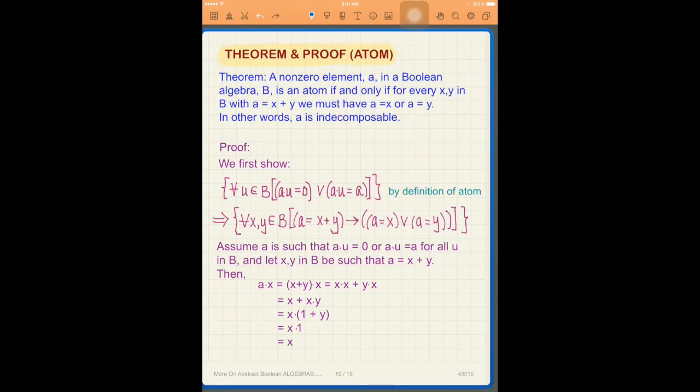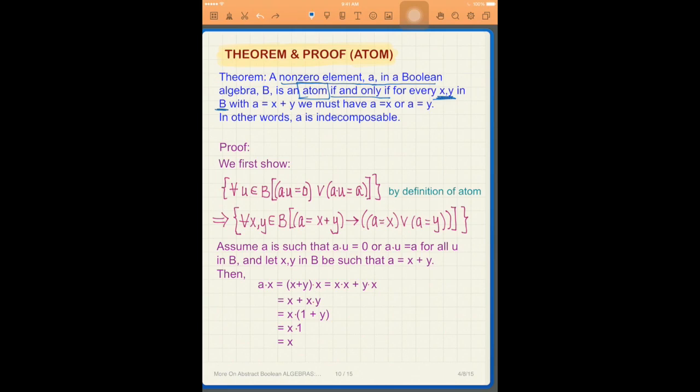So here, this theorem says a non-zero element A in a Boolean algebra B is an atom if and only if, for every pair of elements, we'll call them X and Y, in your Boolean algebra. Usually we use a script B to represent any Boolean algebra, so you don't confuse it with the B where you have zeros or ones, but we'll just call it B here.